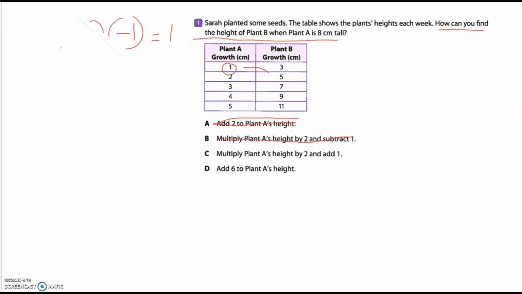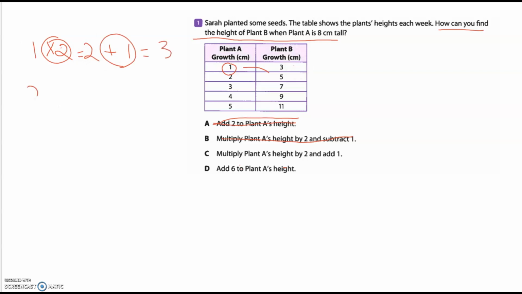The next one says I'm going to once again multiply by 2, and then instead of subtracting 1, I'm going to be adding 1. So let's start at 1. 1 times 2 equals 2. 2 plus 1 equals 3. That is what I have here.